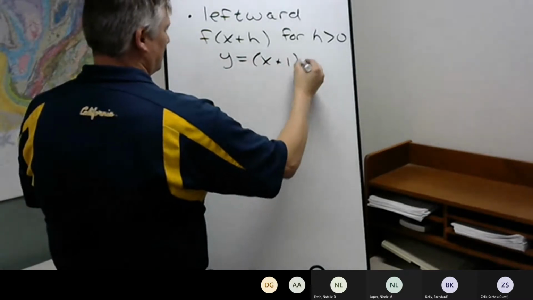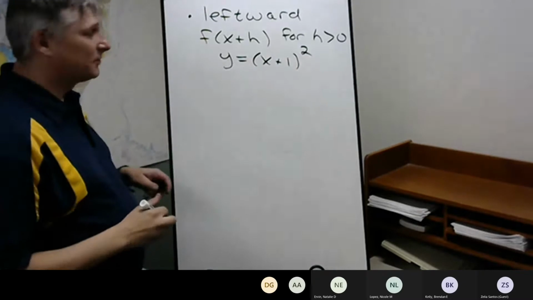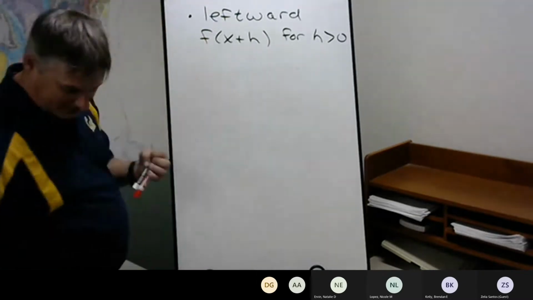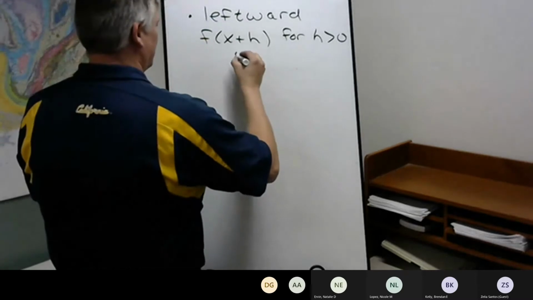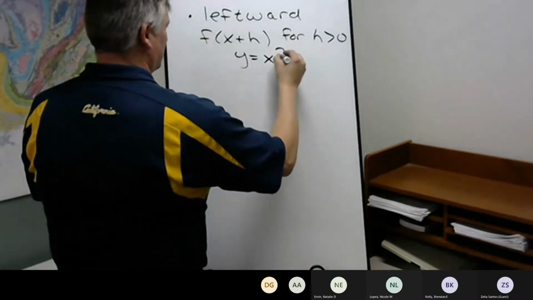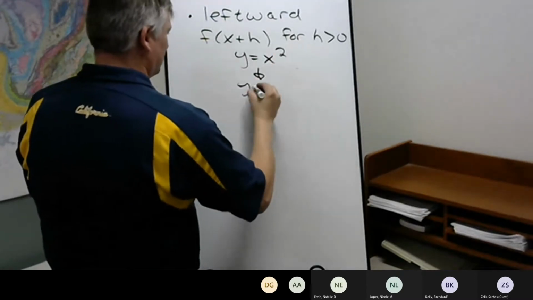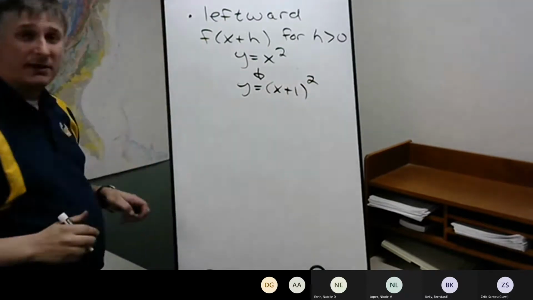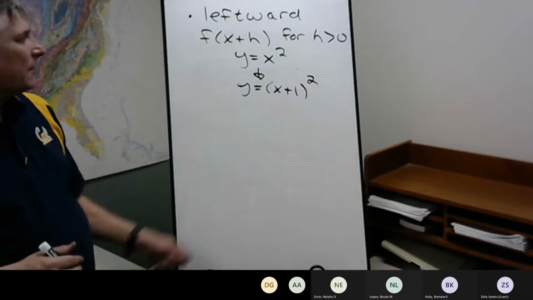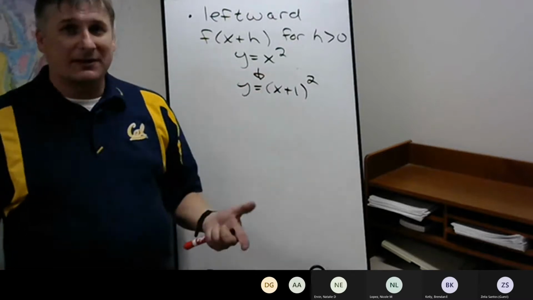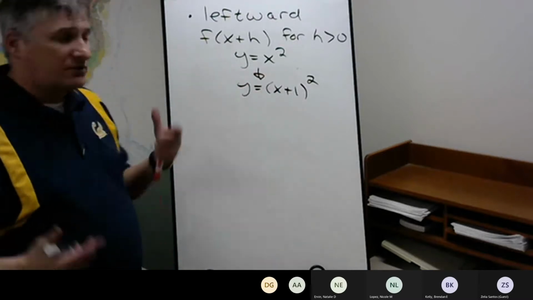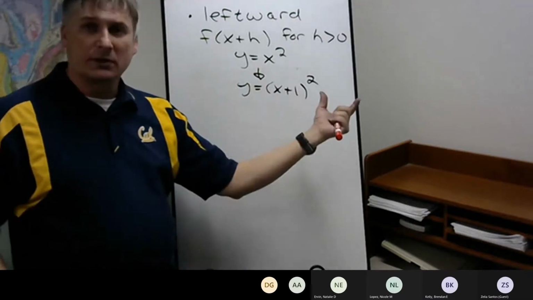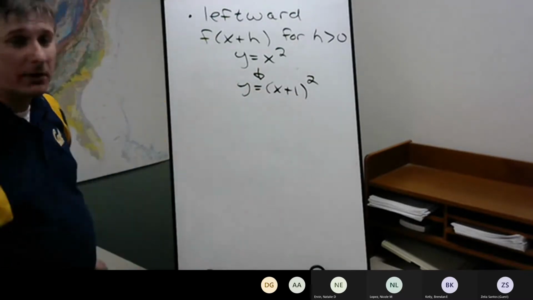Except we're going to go with this. So let me make this more consistent. We're going to go to this. Now we've seen what this graph looks like. It has a vertex at the origin. We saw what happens if this is minus 1. It shifts this graph over 1 unit. So let's take a look at x plus 1.